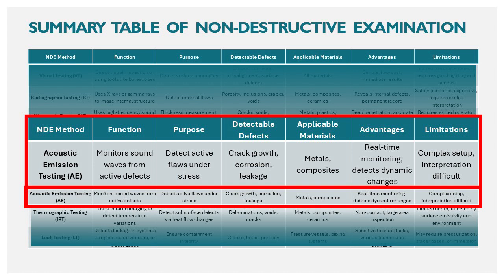The advantages of acoustic emission testing include real-time monitoring and the ability to detect dynamic changes. The limitations include complex setup, difficult interpretation, and not being suitable for static defects.